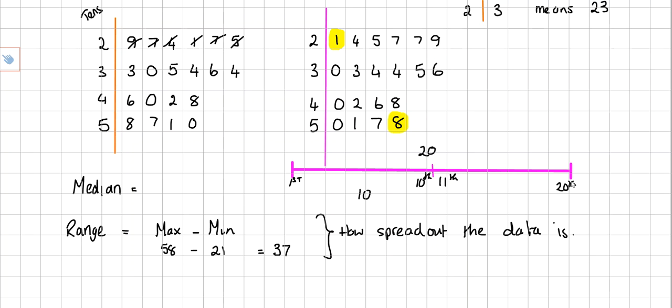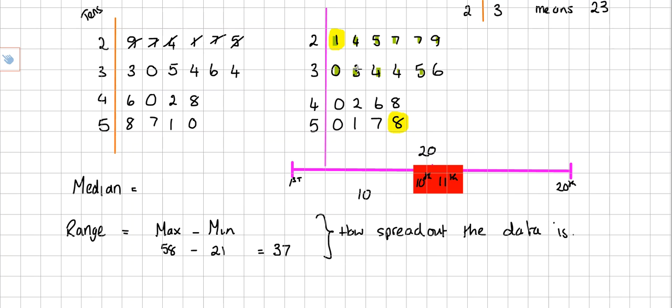So how do I find the middle? Go halfway between the 10th and the 11th? Exactly. I've got to find the 10th and the 11th numbers and go in the middle. So what we do, start with the lowest and go 1, 2, 3, 4, 5, 6. Next one is 30. 7. Okay, 7, you're right. 8, 9, 10, 11.